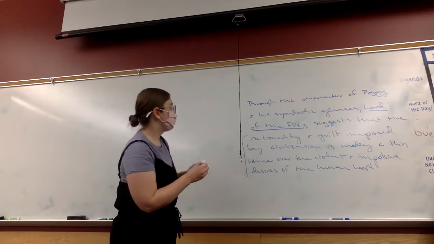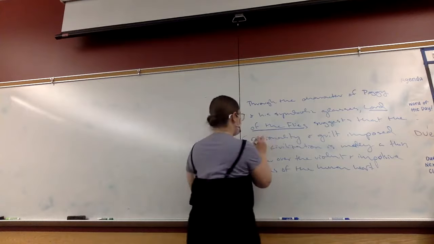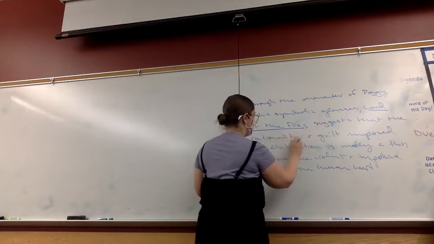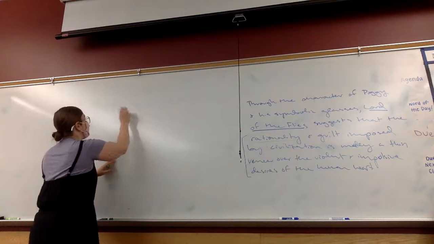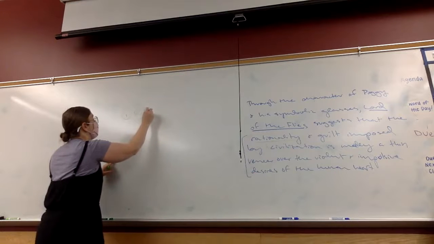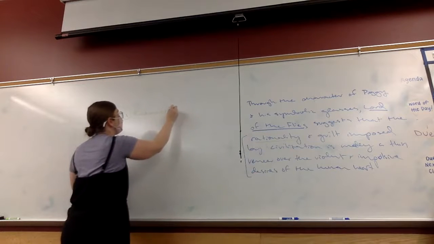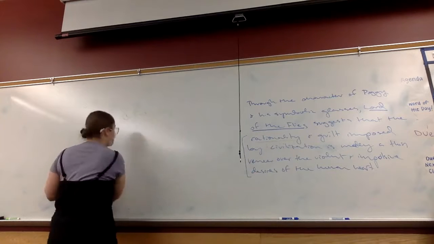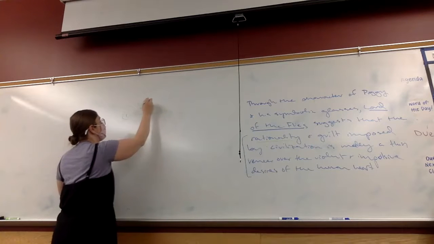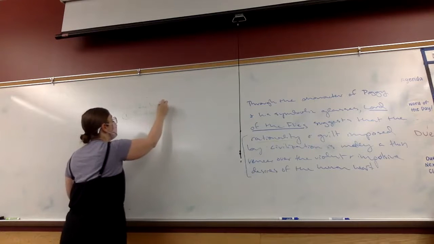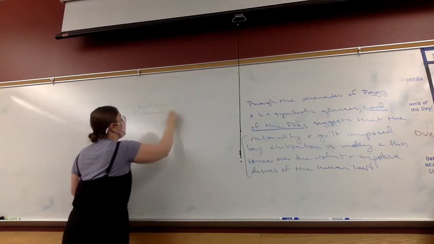But when I look at this, I see that the very first thing I need to talk about is rationality imposed by civilization. So over here, I'm going to say civilization is rational. There we go.